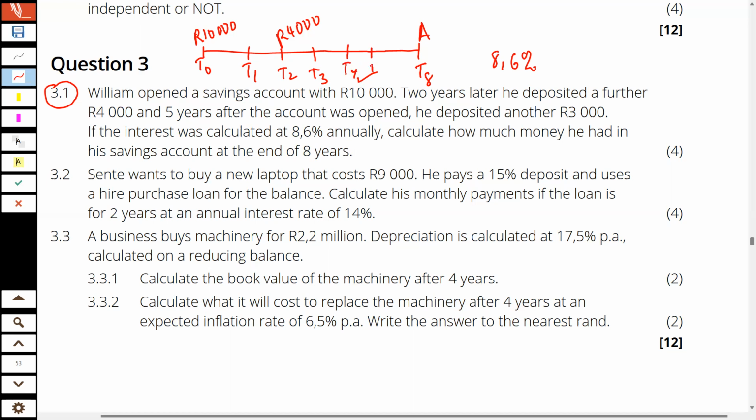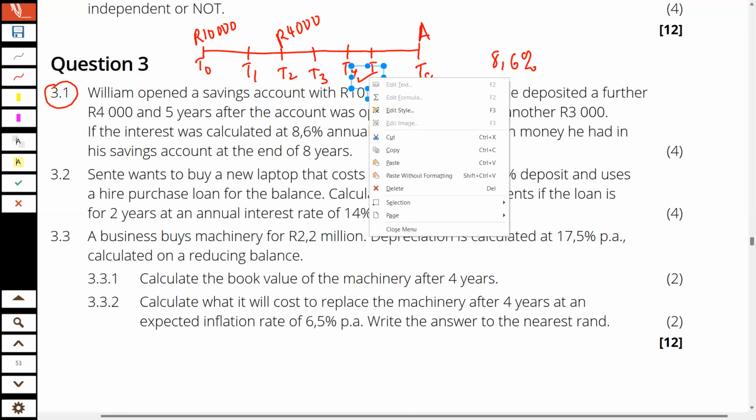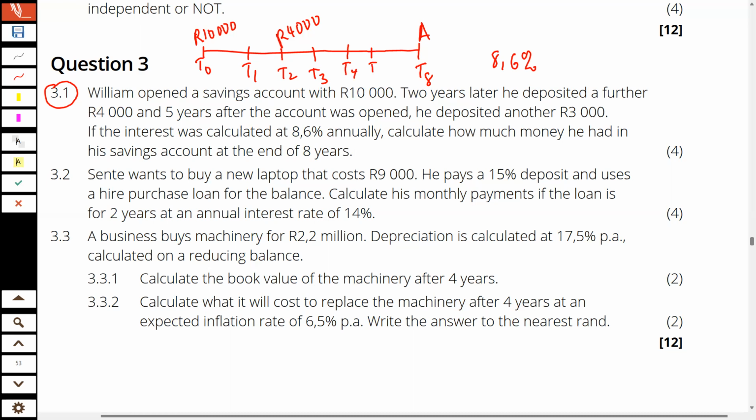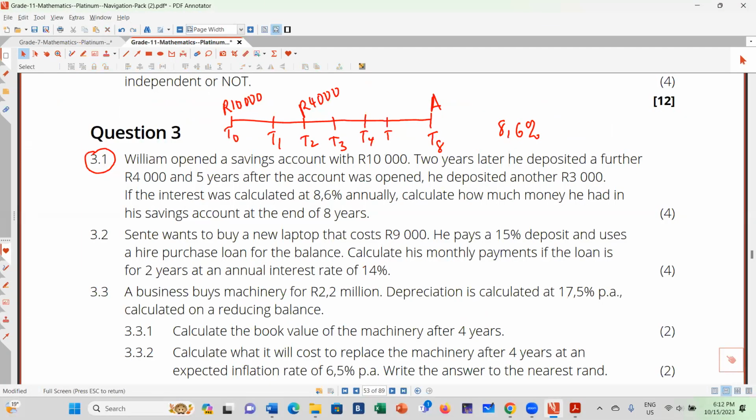Okay, let's remove this one. I need to get my pen tool so that I can write clearly.